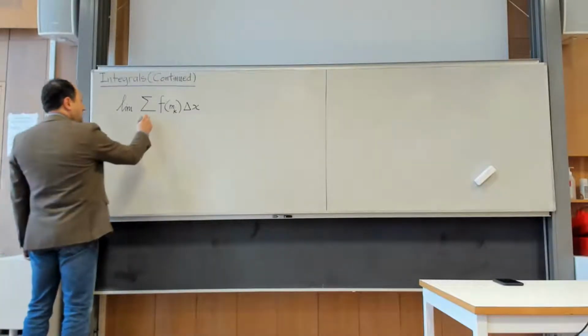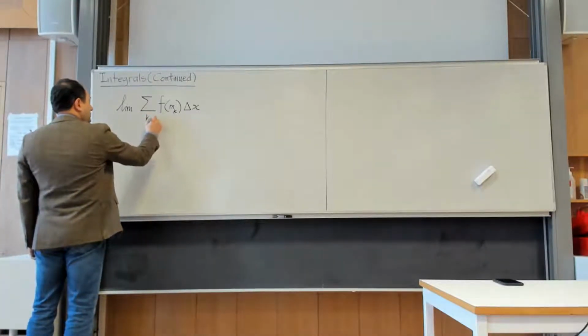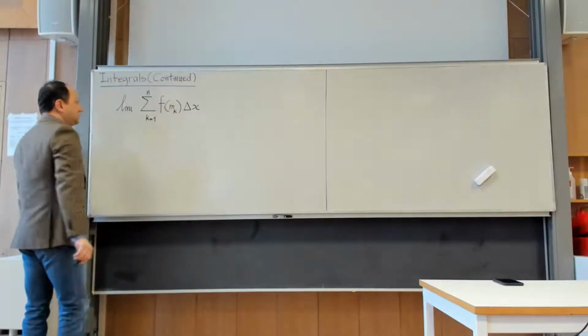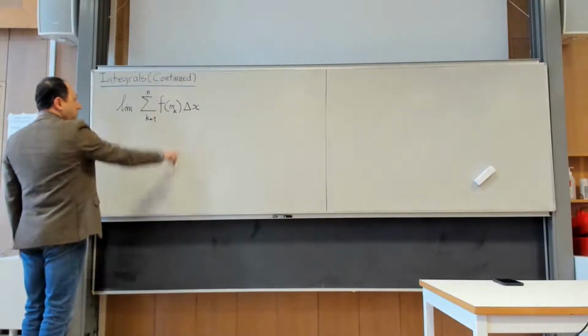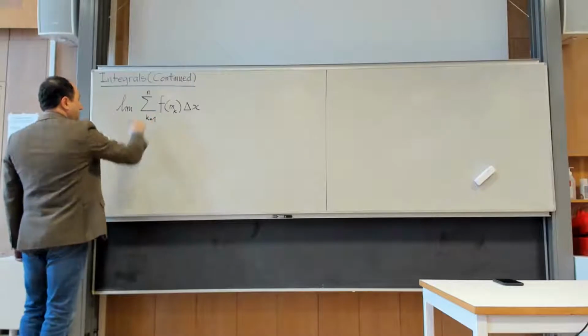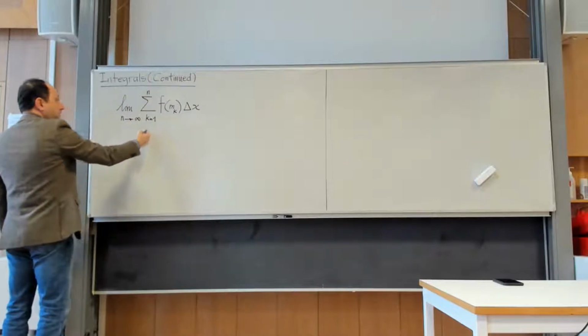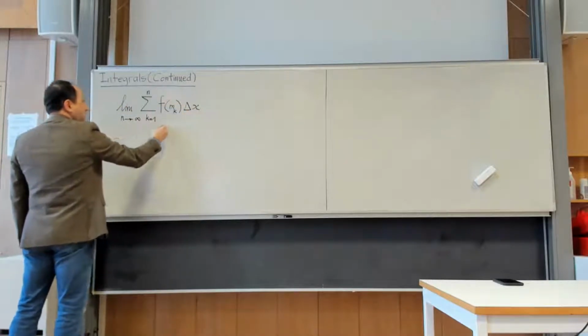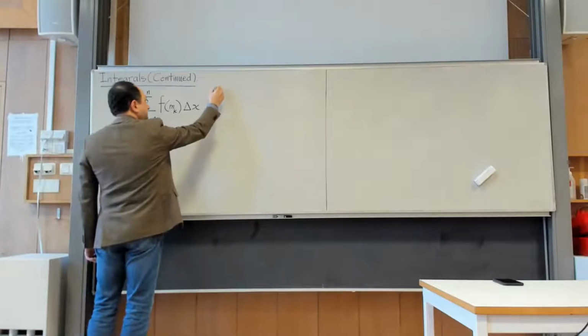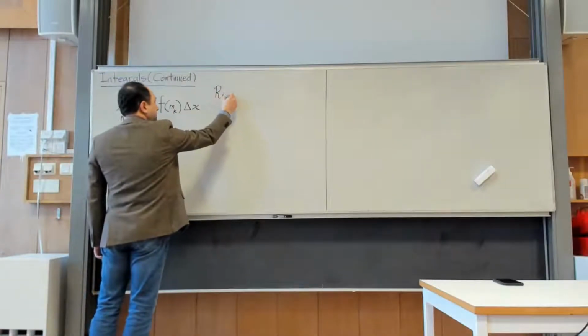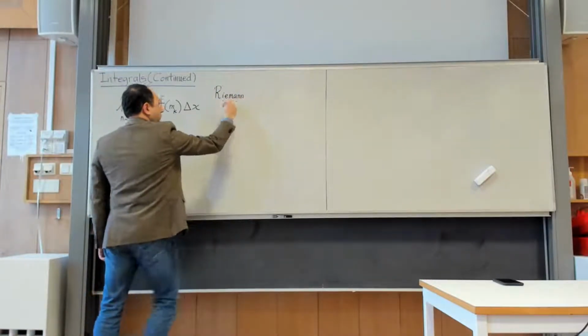And k goes from 1 to n. So I am adding the areas of n of those rectangles, and I will take the limit when n goes to infinity. Then this part is called a Riemann sum, yes? Riemann sum.